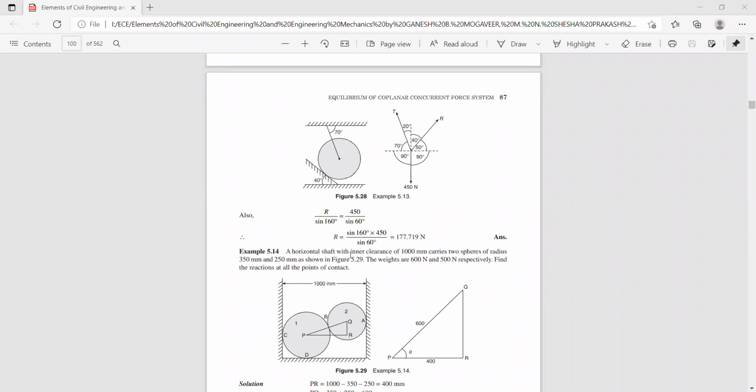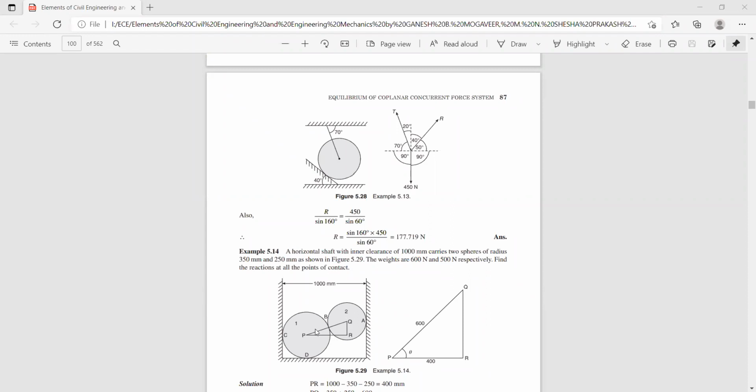The weights of these spheres are 600 and 500 Newton respectively. Find the reaction at all the points of contact.